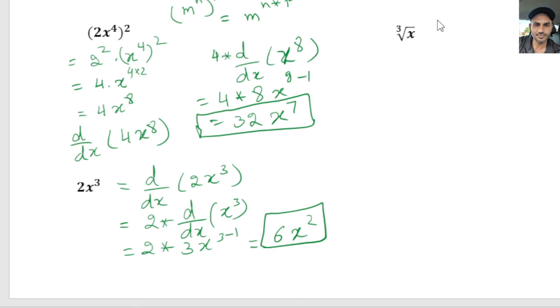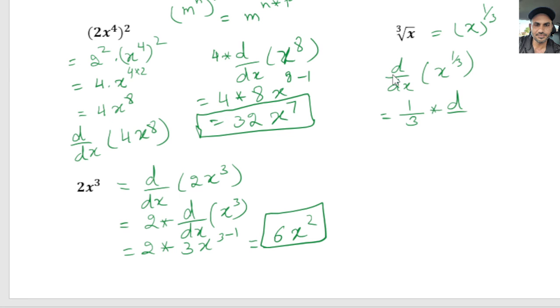And this one, we have a cube root of x. So I'm going to simplify it first. I'm going to write it as x to the 1/3 power. So now it's simplified. Now we can go ahead and take the derivative, d over dx of x to the 1/3. And we bring the 1/3, which is the n, to the front, times not the derivative.